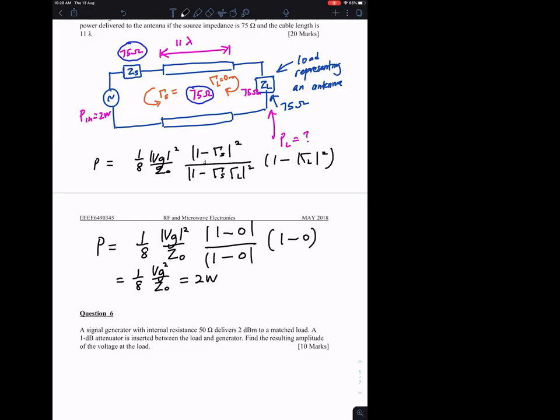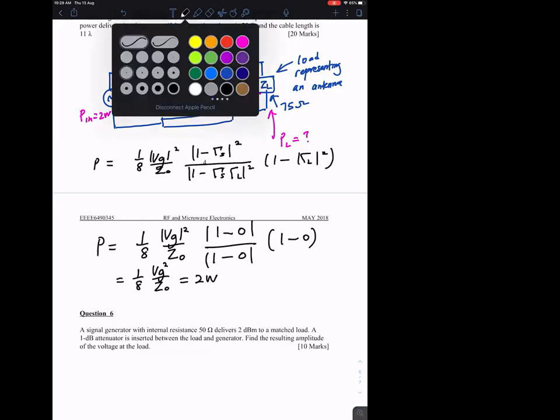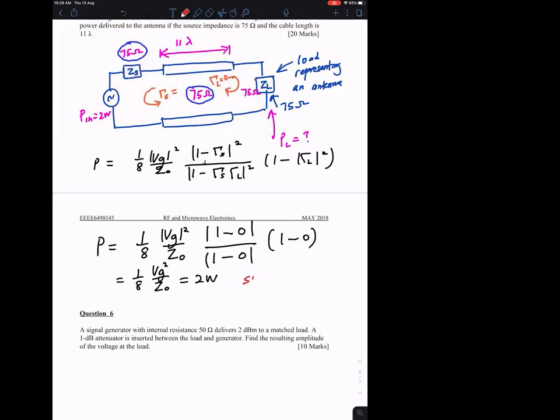Do you remember from the previous lectures? That's the available power. Since there's no reflection, P in, the available power, is also the power delivered to the load.